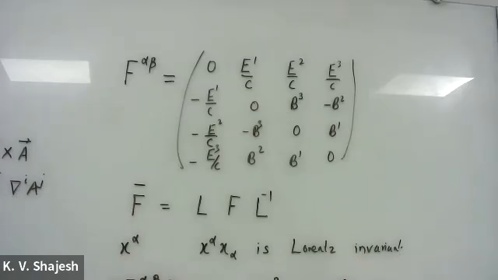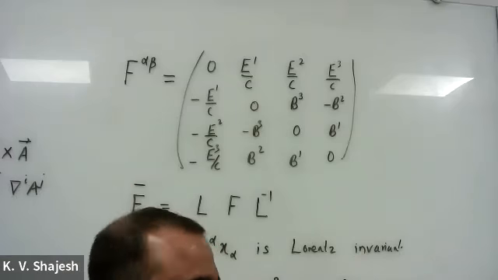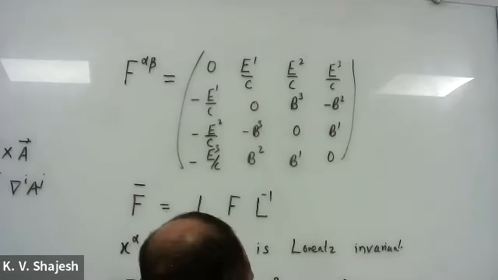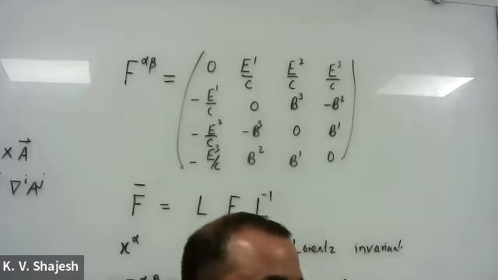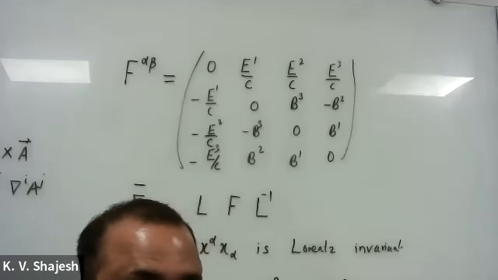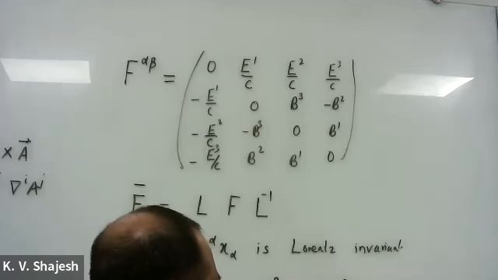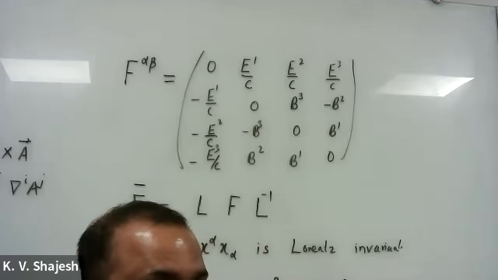So what that means is that in one frame, you go and measure electric field. Let's say in one frame, you measure this to be a positive quantity. In every frame, that has to be positive. That means the maximum I can go is that E is there, B is 0.